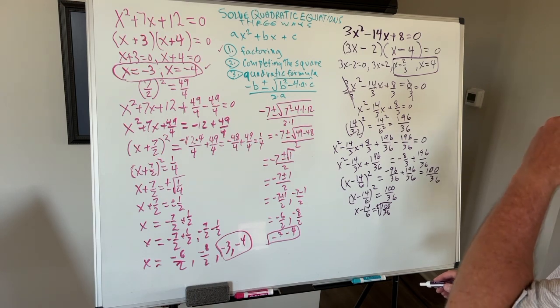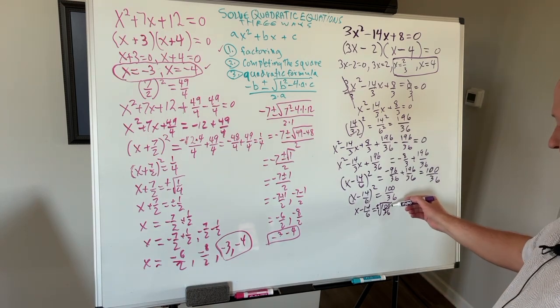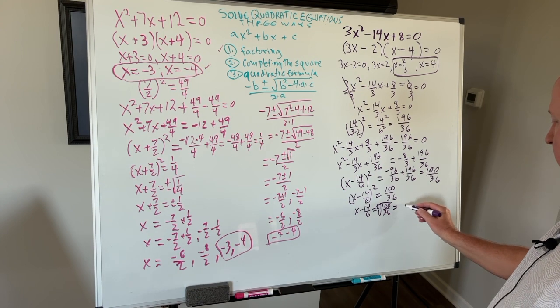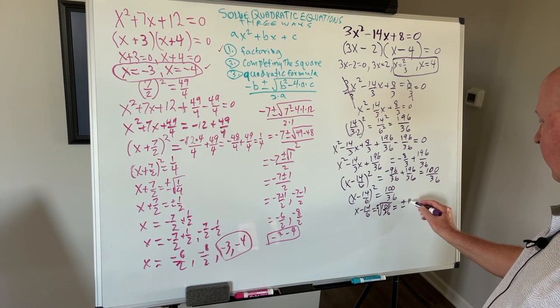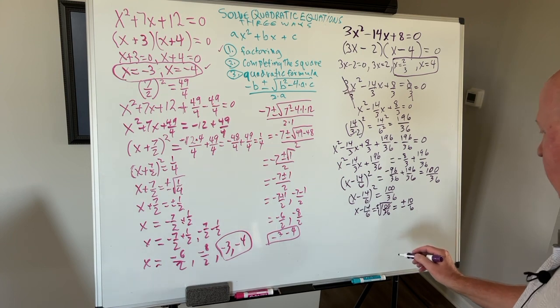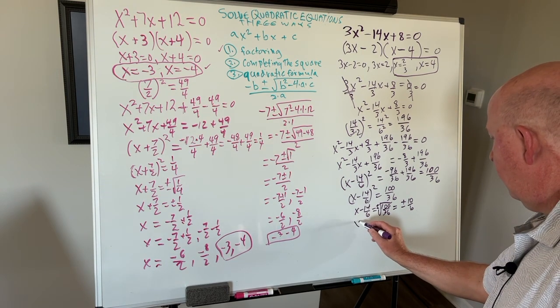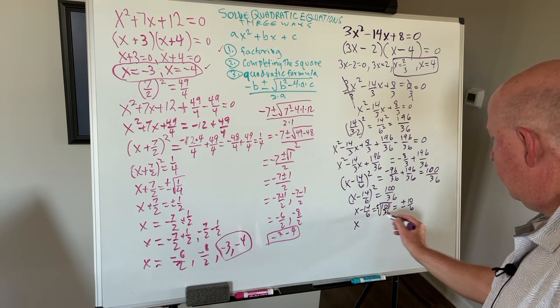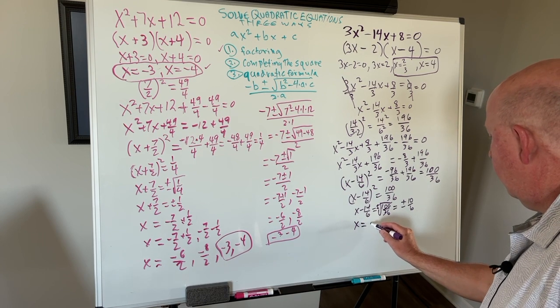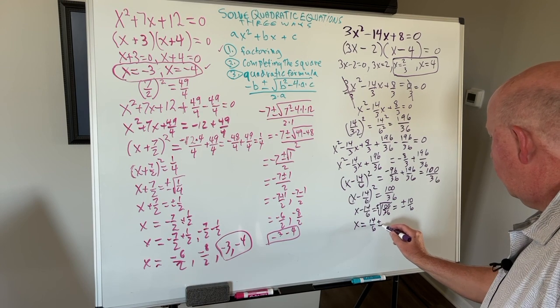So then, luckily both of these square roots are easy to do. So it's plus or minus 10 over 6. Then I'll add 14/6 on both sides, so x equals 14/6 plus or minus 10/6.